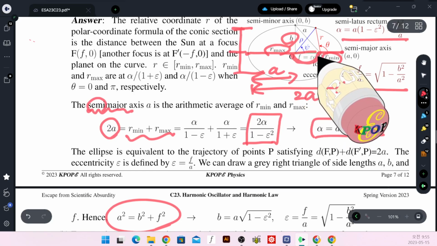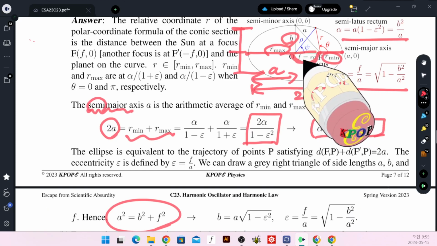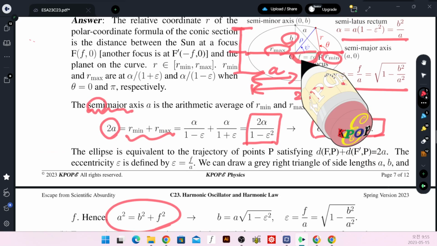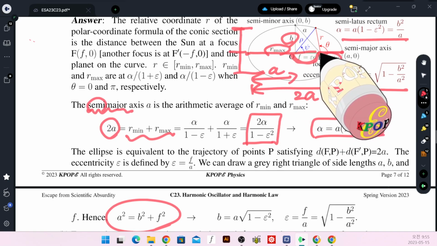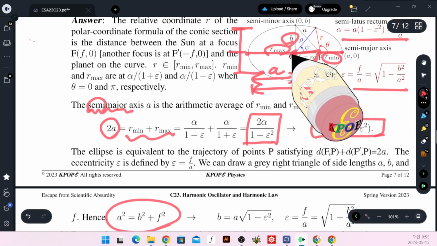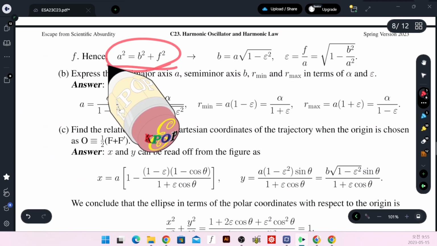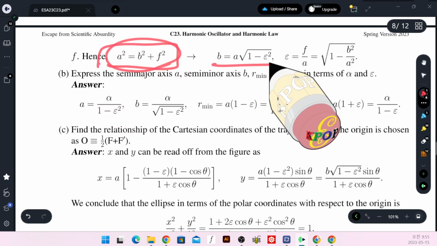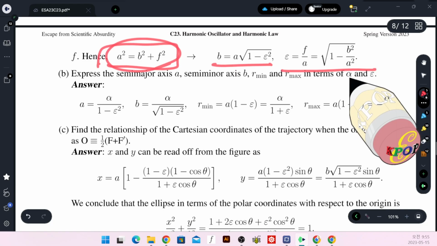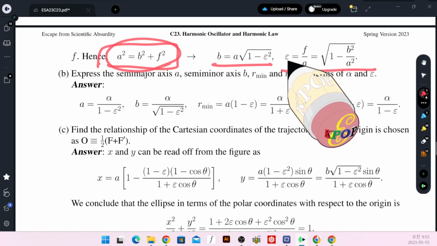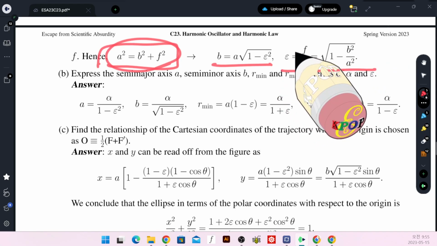Focus has the formula epsilon A. So if epsilon equals 0, this focus approaches the origin. That is the case for a circular orbit. Because of this right triangle, I have this kind of correlation among semi-major axis, semi-minor axis, focus, and eccentricity.